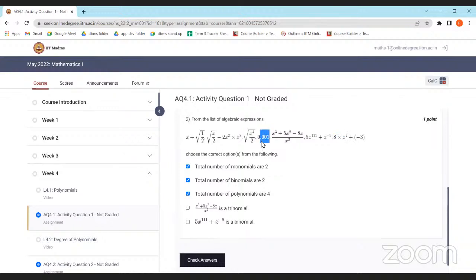Okay. Sir, I couldn't understand why x cube plus 5x square minus 8x divided by x square is not a polynomial.